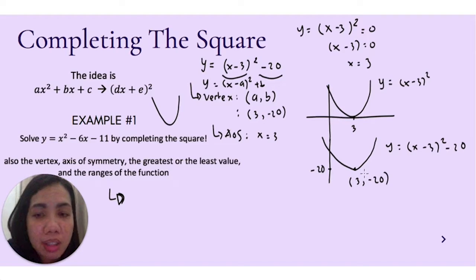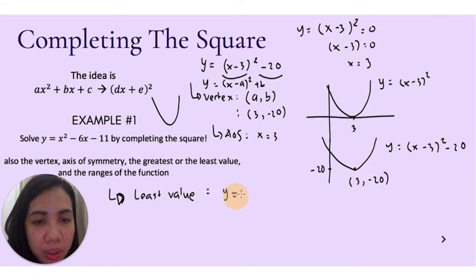Whenever you are asked about the value of the equation or the parabola, you are asked about the value of y. So here, because it only has the least value, the least value is y equals minus 20.